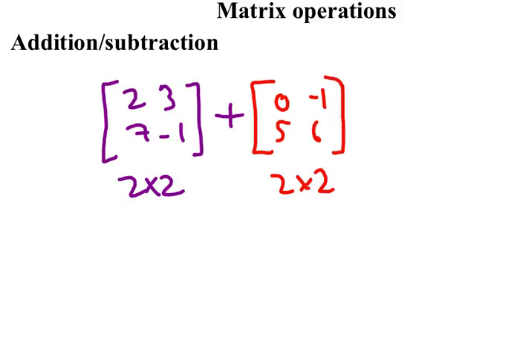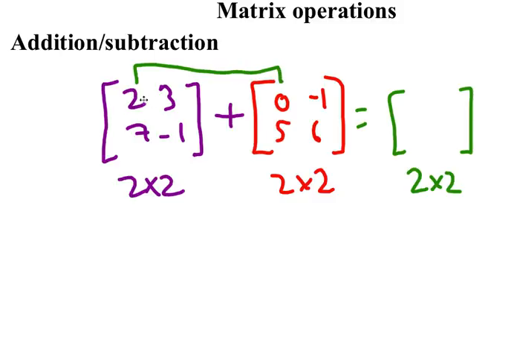As long as the dimensions are the same, you're going to get a resultant matrix that is also a 2 by 2 matrix. When you add these, all you're doing is adding corresponding terms. So row 1, column 1, which is this 2, plus the corresponding entry would give you that.